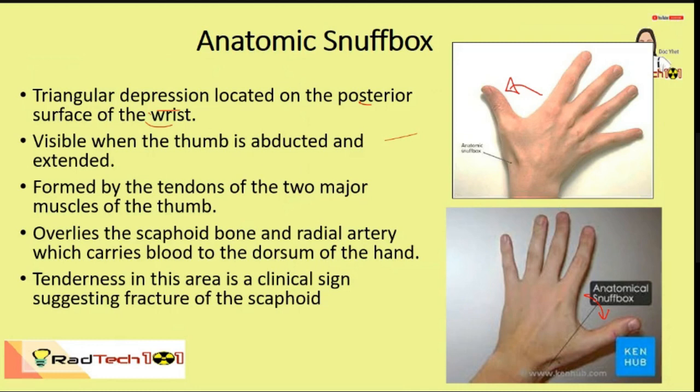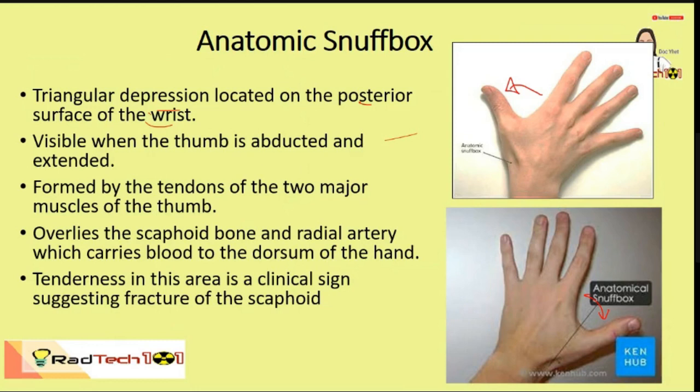This is formed by the tendons of the two major muscles of the thumb. It overlies the scaphoid bone and the radial artery, which carries blood to the dorsum of the hand. So, ang purpose, bakit ganyan yung itsura niya, dyan dumadaan yung supply ng blood sa dorsal part ng hand. What is the importance of the anatomic snuff box in radiography?